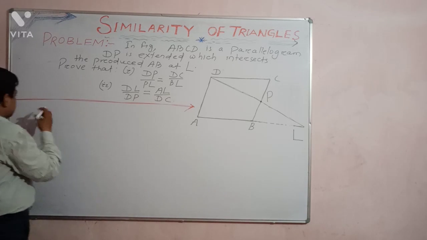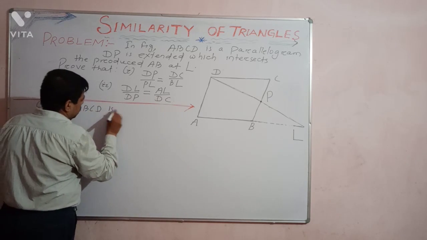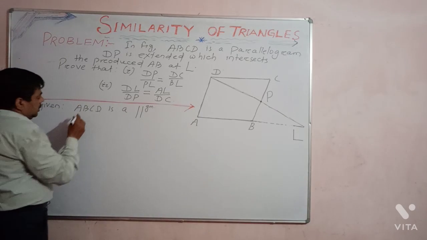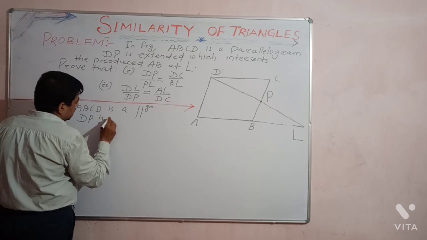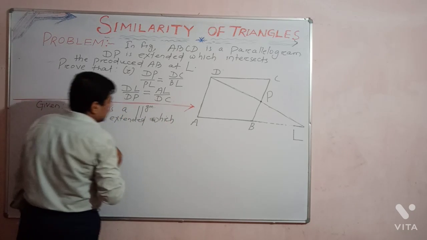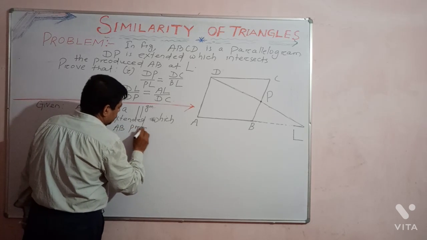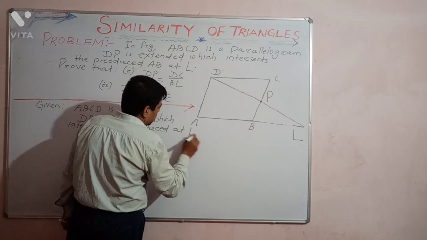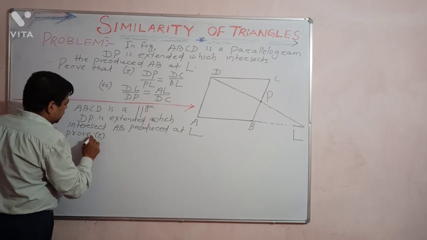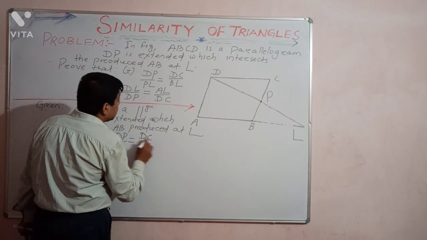What is given? Let us write. Given: ABCD is a parallelogram, and DP is produced, extended, which intersects AB produced at the point L. To prove: first bit, DP divided by PL is equal to DC divided by BL.